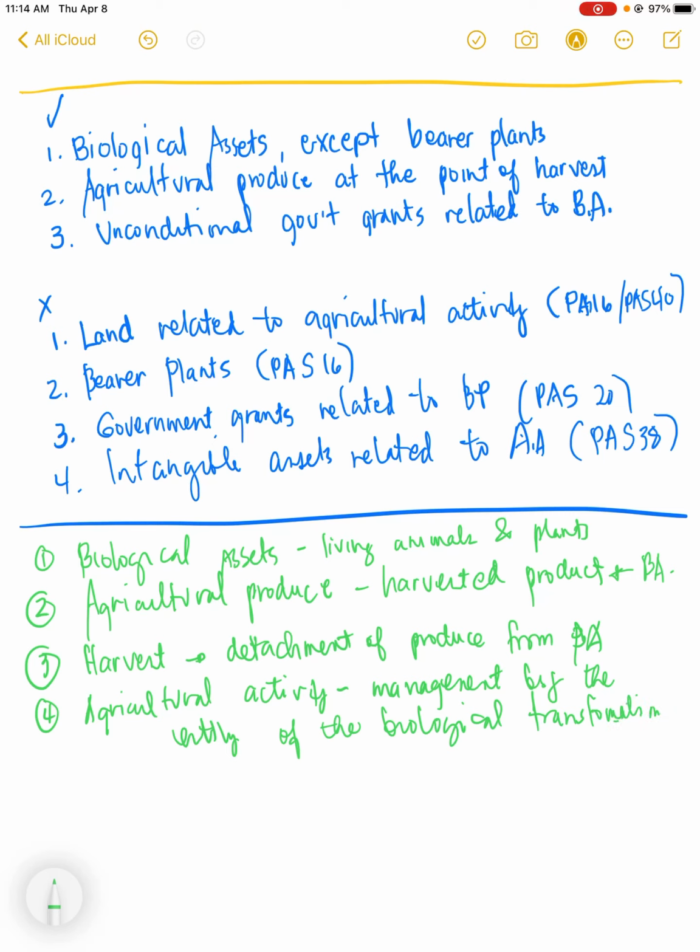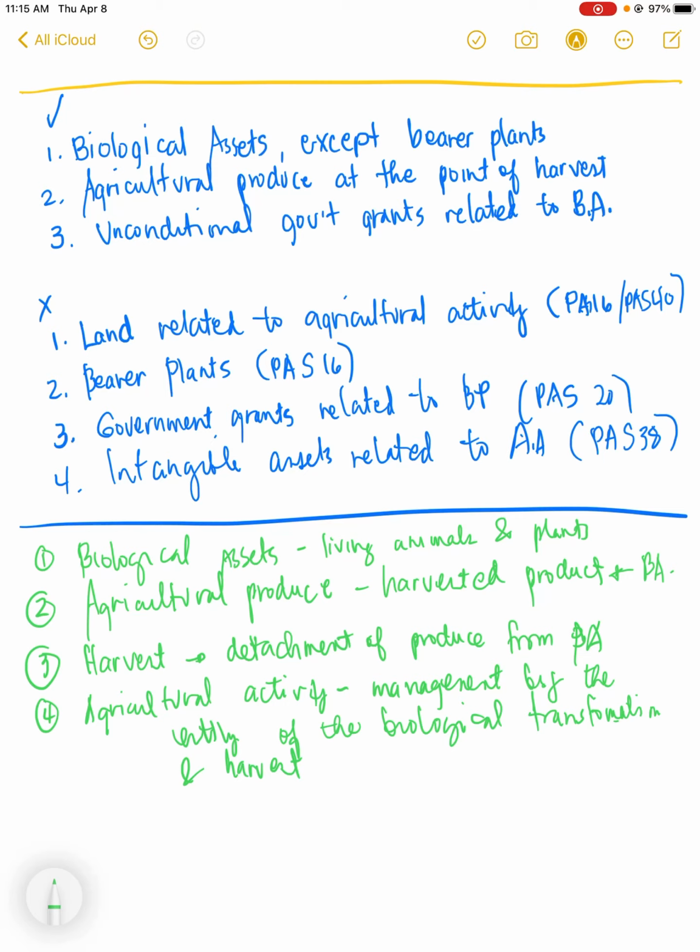So, syempre, itong mga alagang hayop natin, in order na ma-serve nito yung kanyang purpose, like for example, makakuha tayo ng gatas sa kanila or makapag-create sila ng panibagong living animal, then it must, or it will transform. And the process or the management of that biological transformation as well as the harvest is known to be the agricultural activity.